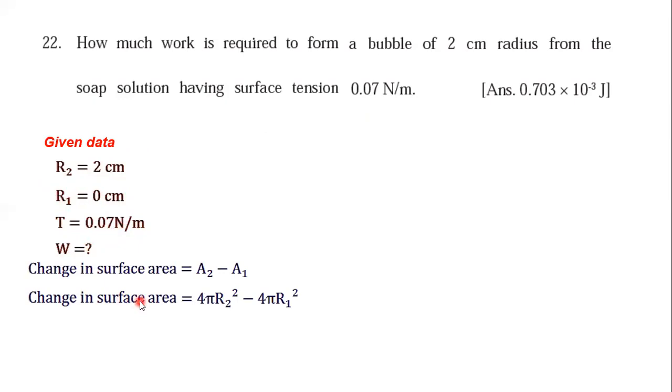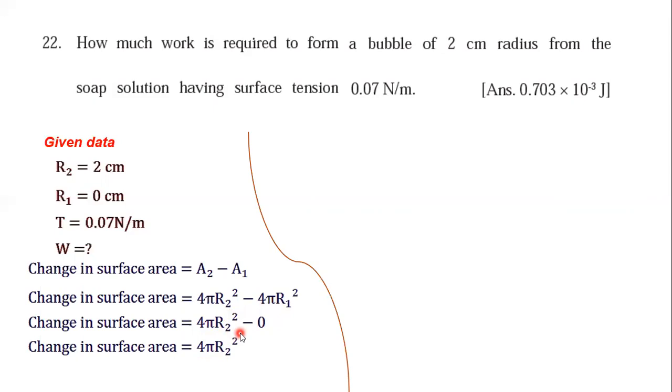So here we have to form a bubble. Initially no radius, and then the radius is 2 centimeter. So we can find out the change in surface area. The formula is area 2 minus area 1. So area 1 is 0. So 4 pi R2 square basically is the change in surface area.